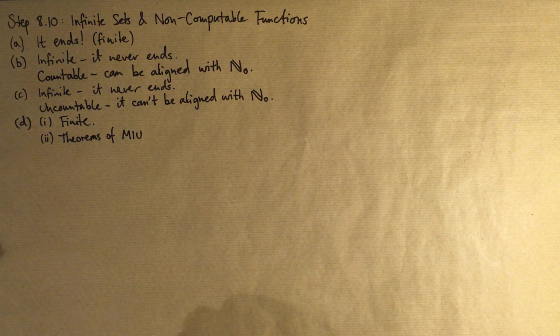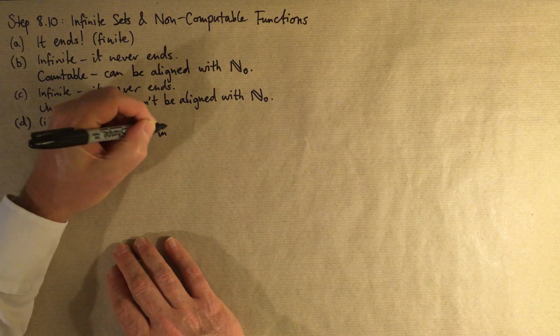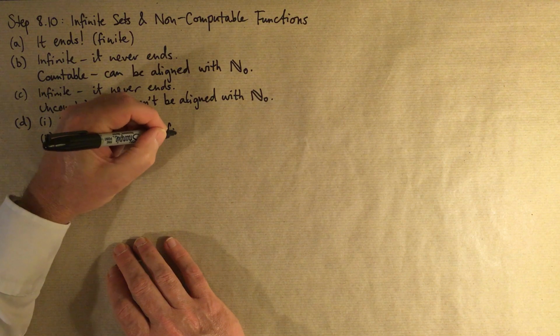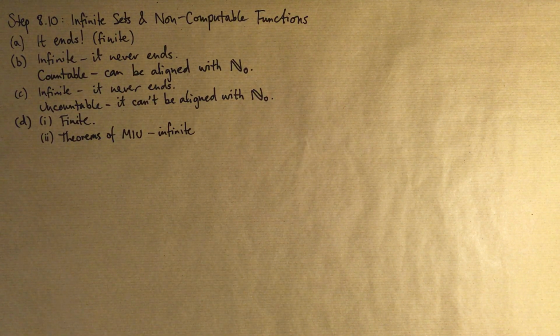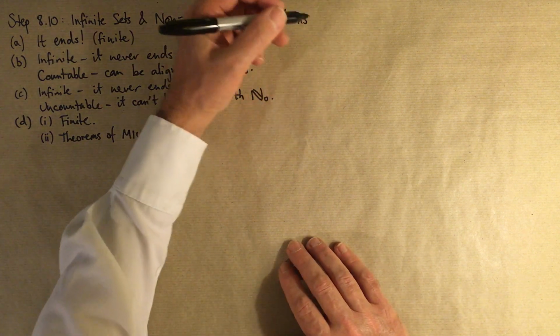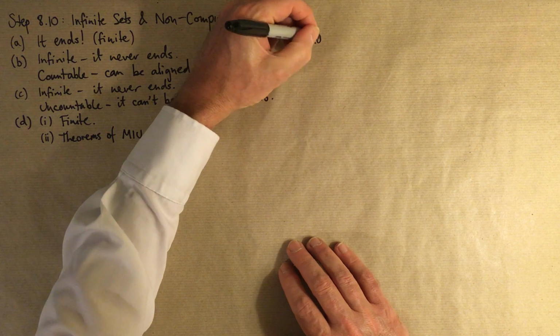That means you can double and double and double, and you can keep going as long as you like, and that proves that there's an infinite number. So it's clearly infinite. The question is, is it countable or uncountable?